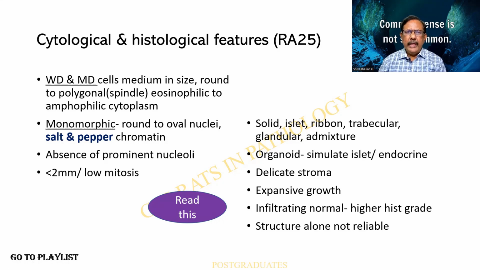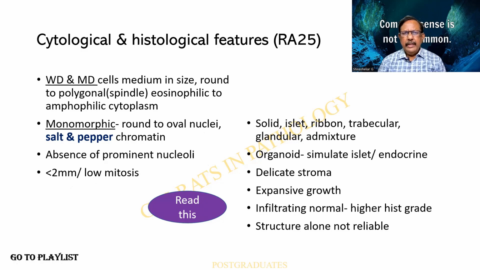They are monomorphic, as I had mentioned earlier, with round to oval nuclei. And classical salt and pepper chromatin, you people will be very well aware of. The nucleoli are characteristically absent. No prominent nucleoli. Their size is less than 2 millimeters. And you find that they have got a low mitotic figure. So these are all the features.